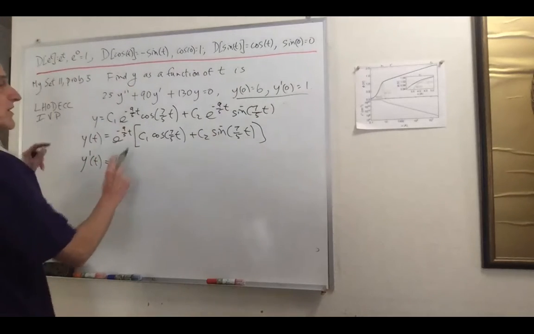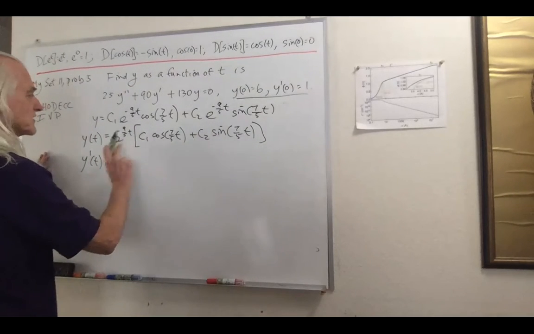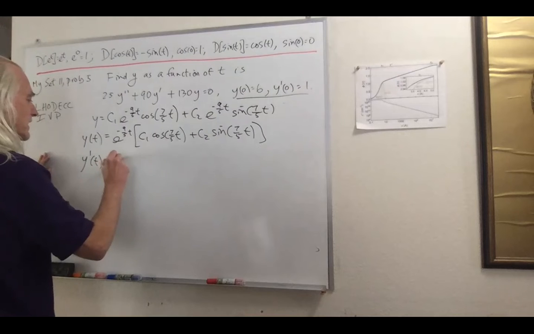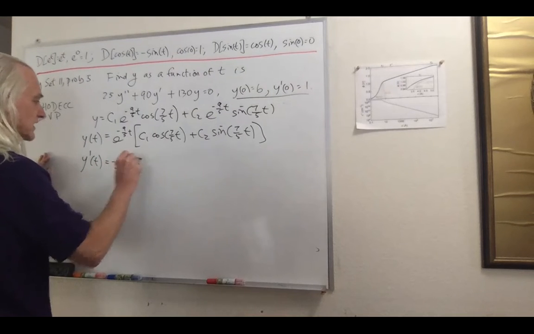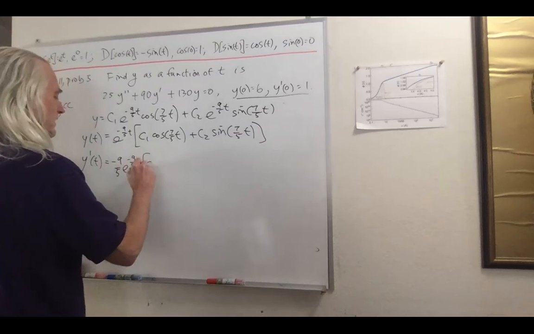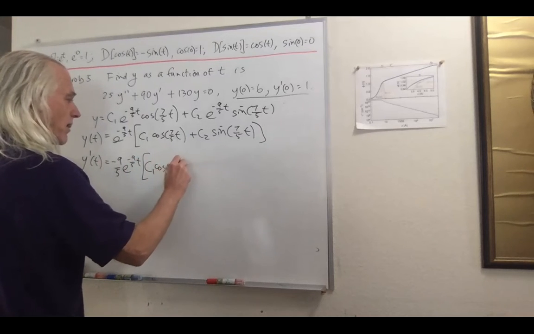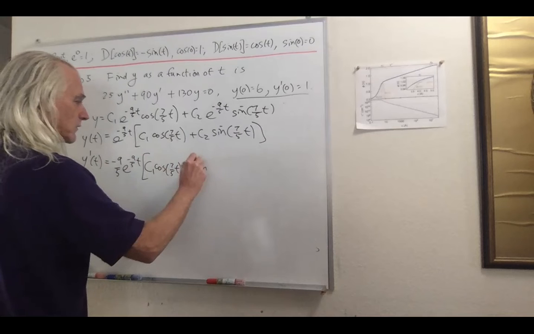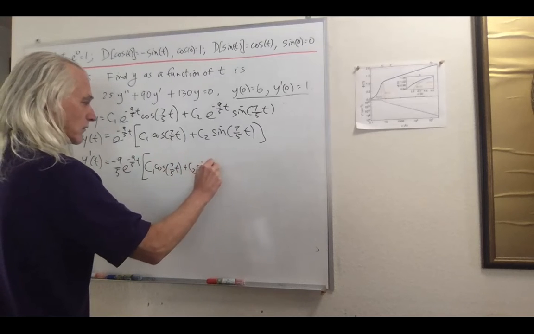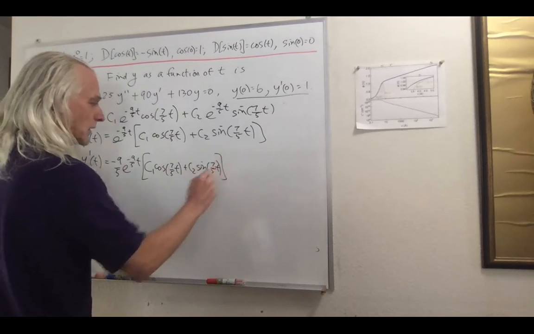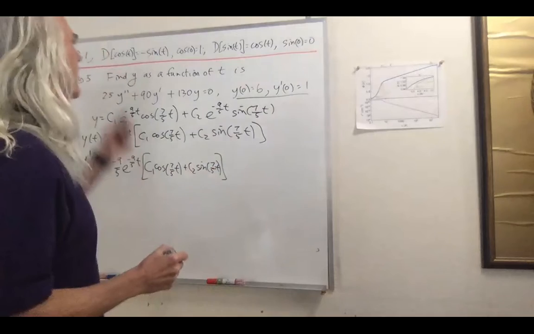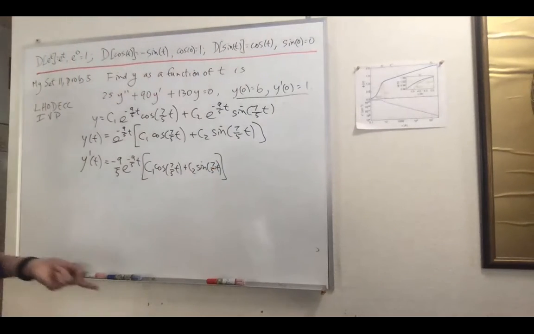So I'm going to have the derivative of the first times the second plus the first times the derivative of the second. So I get negative 9/5 e to the minus 9/5 t times the second, c1. Okay, so when I said that's all you need to know about calculus, I was definitely exaggerating.